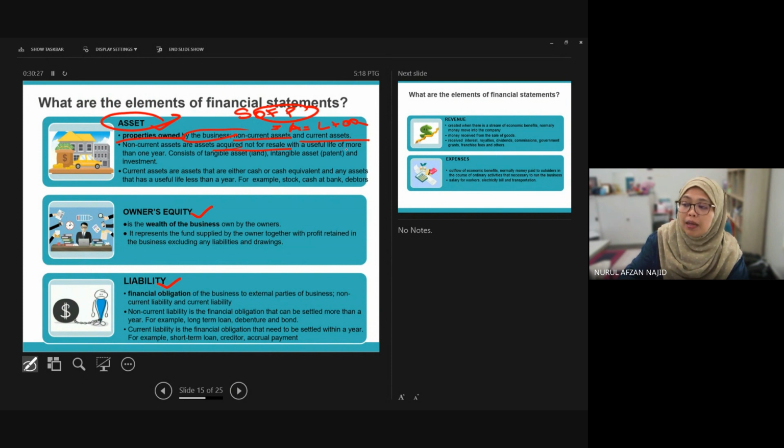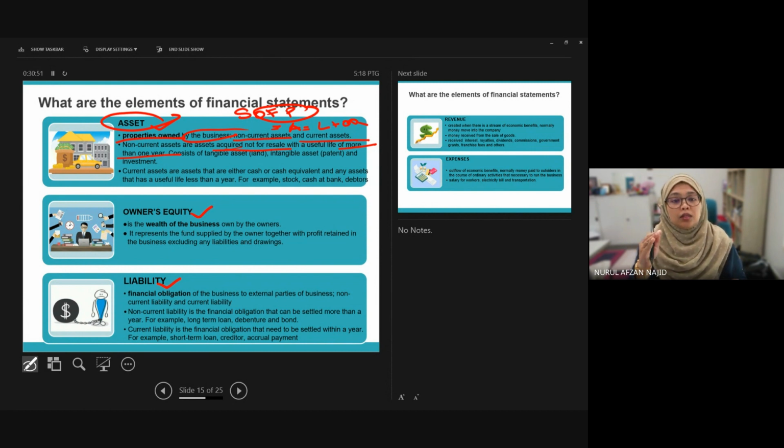Digunakan berapa lama? More than 1 year. Selama mana you ada bisnes tersebut, you akan gunakan bangunan tersebut. Selama mana you ada bisnes tersebut, you akan gunakan transportation tersebut. So itu dipanggil sebagai non-current asset. Ingat dia punya keyword dia adalah not for resale.